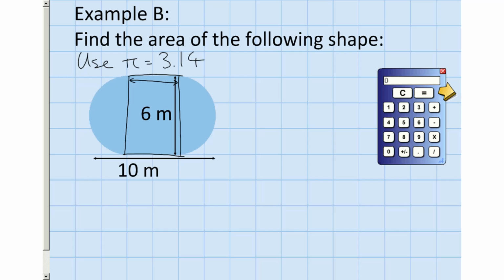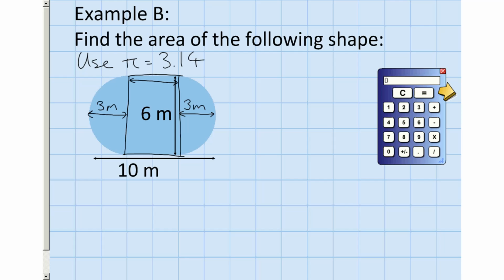I need the length, and this is going to be quite tricky, because we know that the diameter of the semicircle is 6, so that means that this length must be the radius, so that must be 3 meters. Likewise, this length here must also be 3 meters. Because we know the diameter was 6, so the radius is half of that, so that gives those two ends as 3 meters.